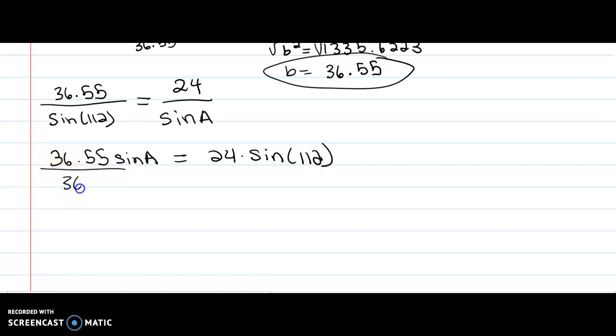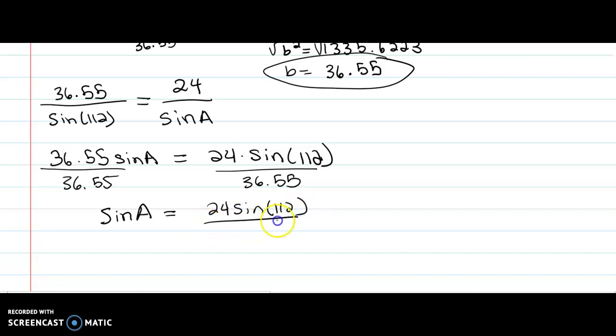I'm going to divide by this 36.55. So now I have sine of A is equal to 24 times the sine of 112 over 36.55.